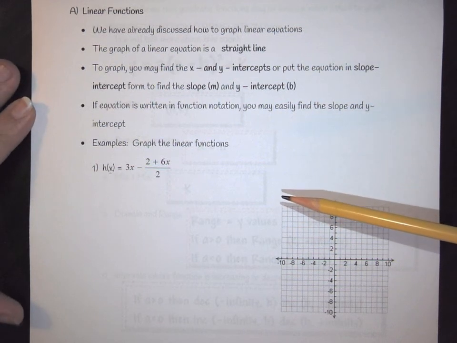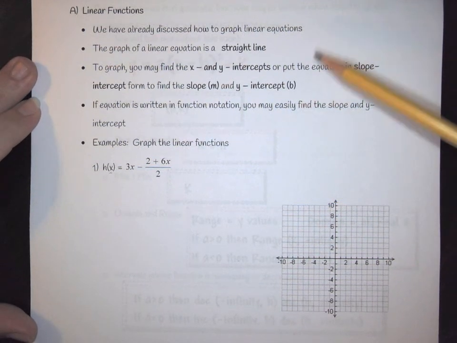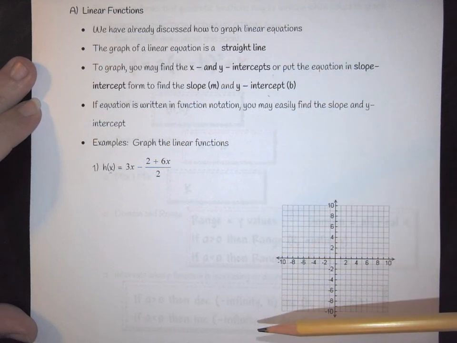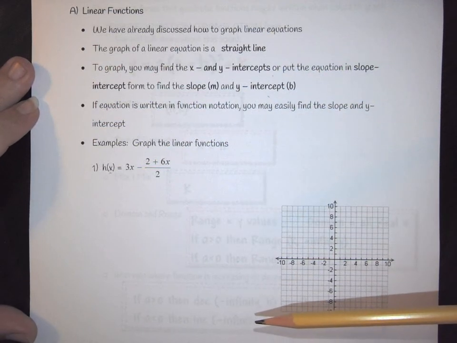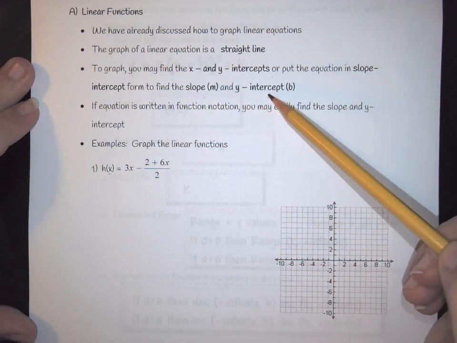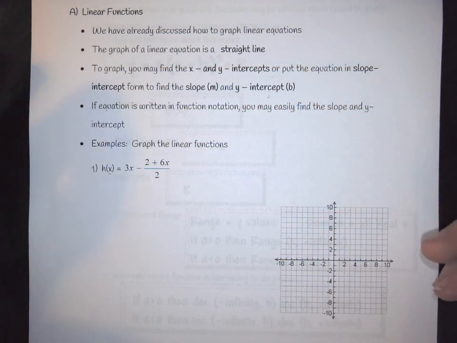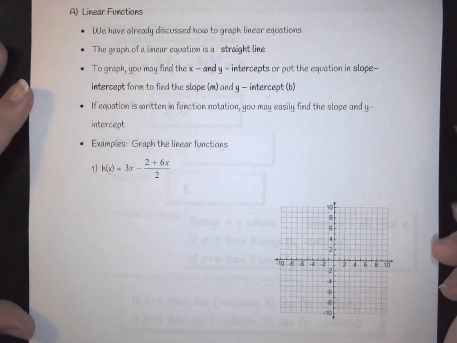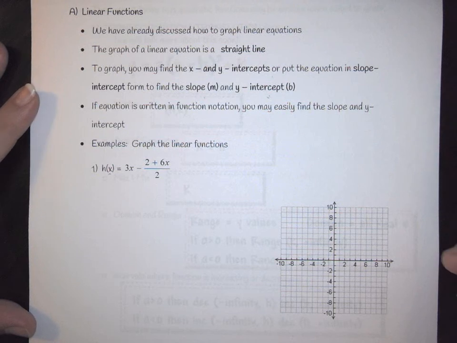In order to do that, the easiest thing to do is to find your x and y intercepts and to find your slope. The other way that you could do it is to use slope and the y-intercept. It is totally personal preference how you want to go about it. But you do need to use at least one method in order to graph.